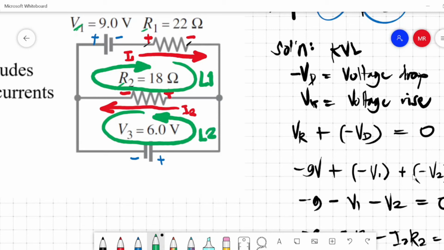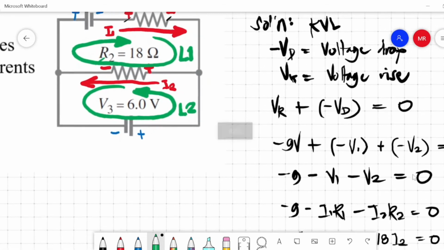If we trace loop number 2, for voltage 2, it will enter R2 at positive and leave at negative. Therefore, voltage 2 is a voltage drop.